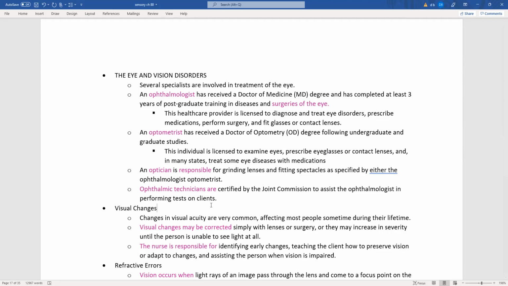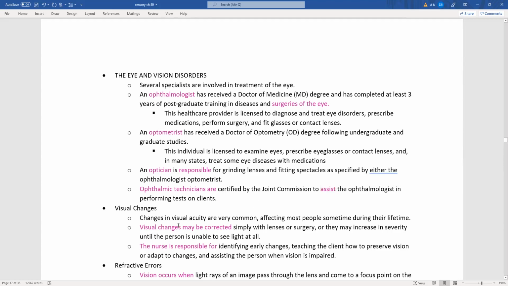I think those technicians put the drops in your eyes too. At LSU they do. Now they probably shouldn't be doing it, but then again, I don't know. So that's the ophthalmic technician. Just know they're certified by the Joint Commission to assist. They are basically assistants, okay? CNAs of the eyes.